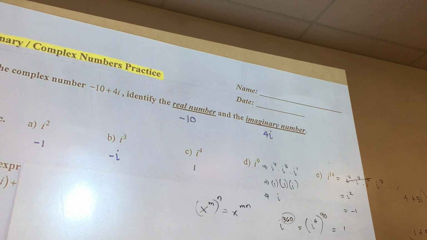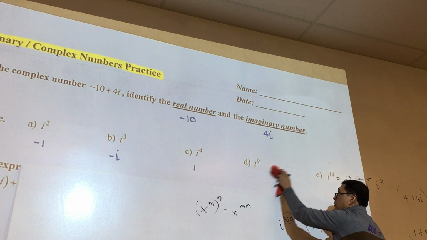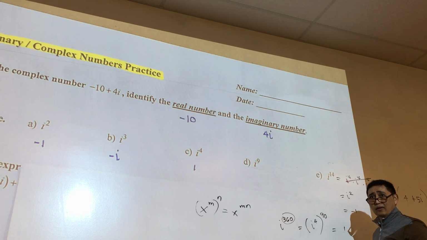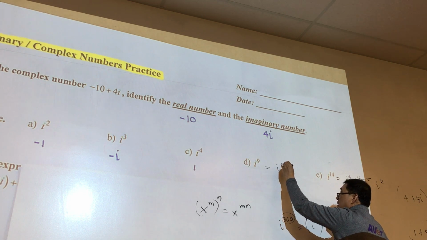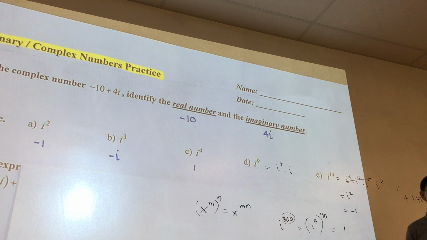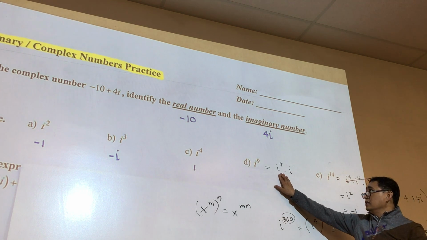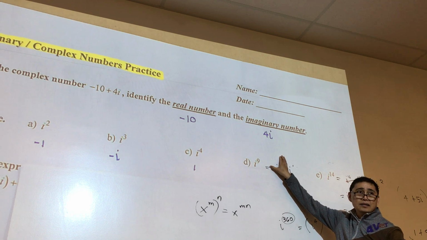All right, now, I will be changing this. By the way, there are multiple ways of doing this. All right? Okay. Isn't it, this is also i to the 8 times i to the 1st? Yes or no? No. Isn't it i to the 8 is the same thing as i to the 4th squared, which is just 1. 1 times i.